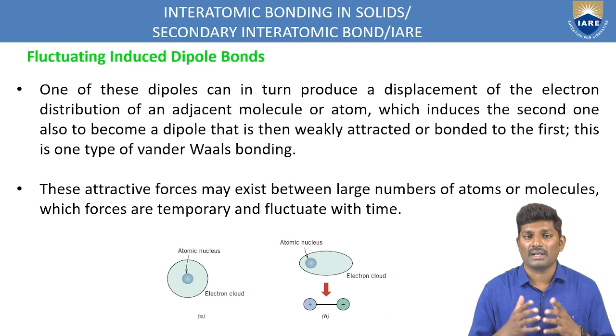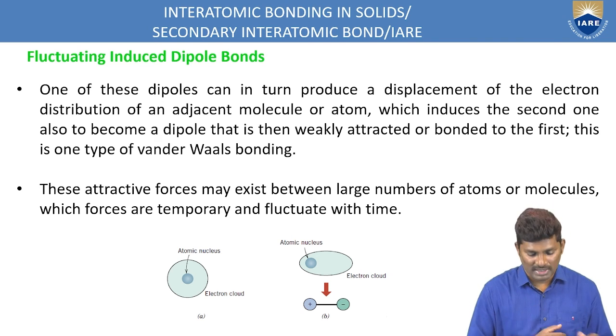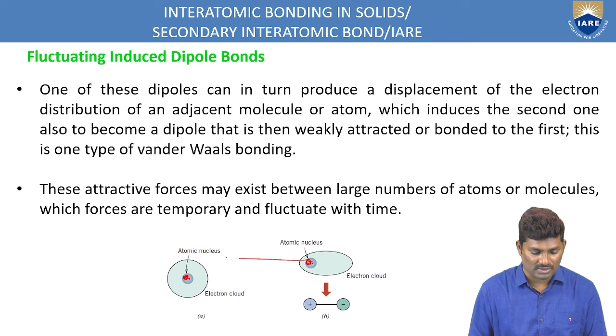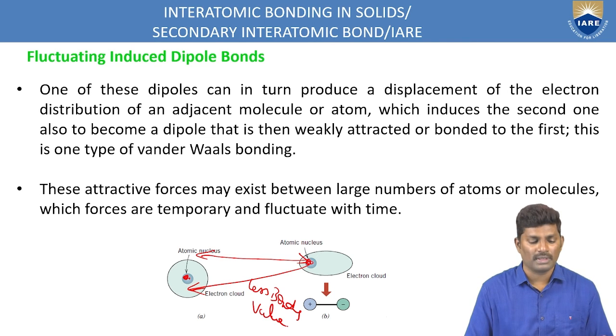Though the attractive force exists, there is no strong bond between the atoms. This is how you can observe it: this is the center position and this is the changed position. So the attractive force is changing. That's why you are getting a lower bonding value. So this is fluctuating induced bonding.